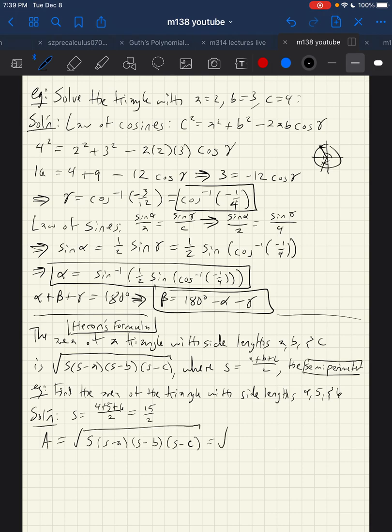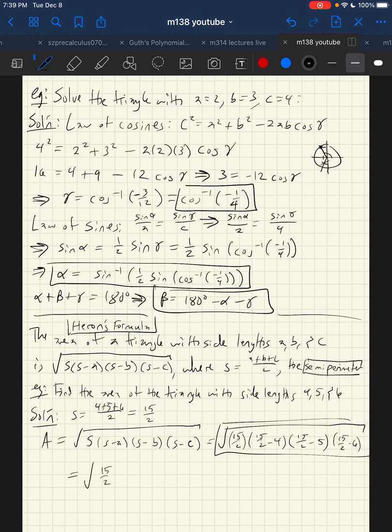And for us, that's going to be the square root of 15 over 2, then 15 over 2 minus 4, 15 over 2 minus 5, and 15 over 2 minus 6. And this is a fine answer. We can stop here, or we can simplify it a little bit further if we'd like.